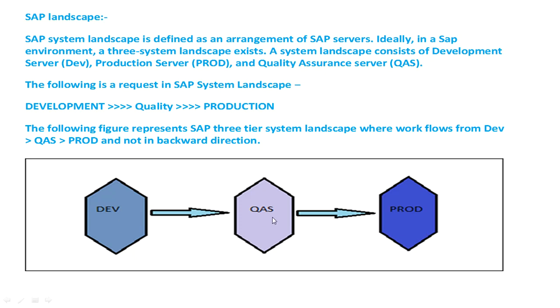So what does it mean? Why are there three servers? A minimum of three servers is required for the SAP system. Why? Because whenever any organization decides to use the SAP software, that cannot be done overnight. In that case, a company or a group of persons called consultants, who normally belong to software companies, will be called for.